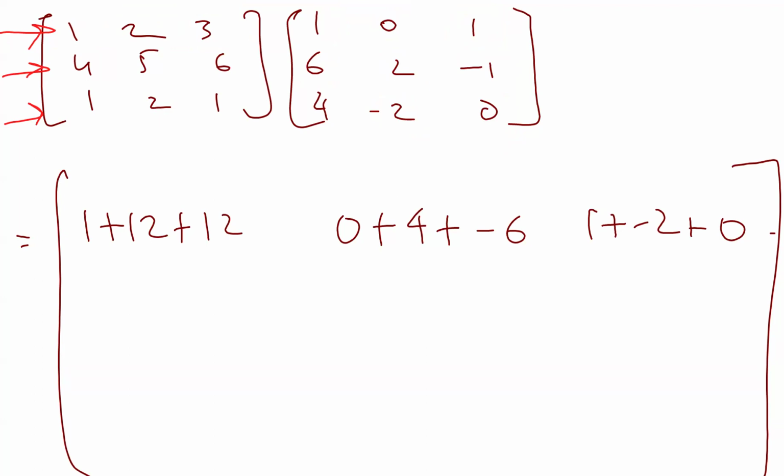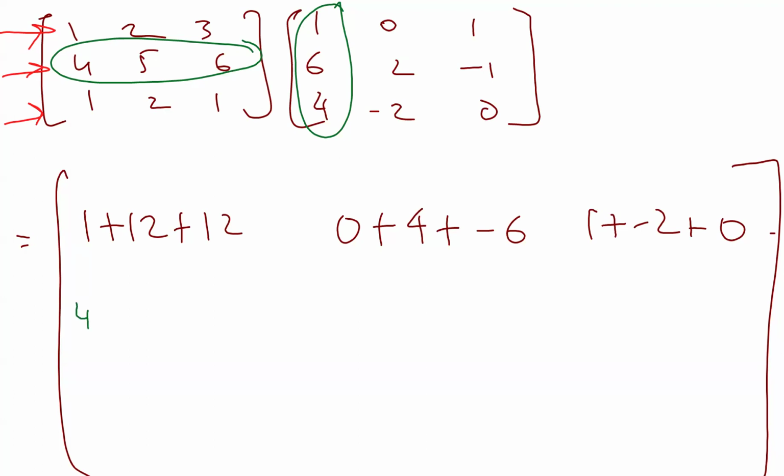Now, second row, first column. Anyone else can try this out, please. Come on, speak up. So 4 into 1 is 4.